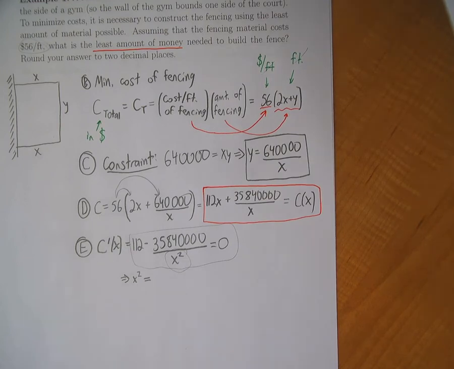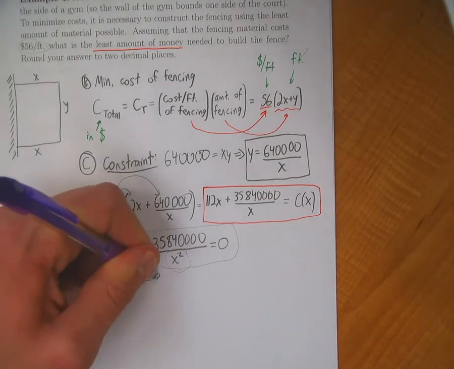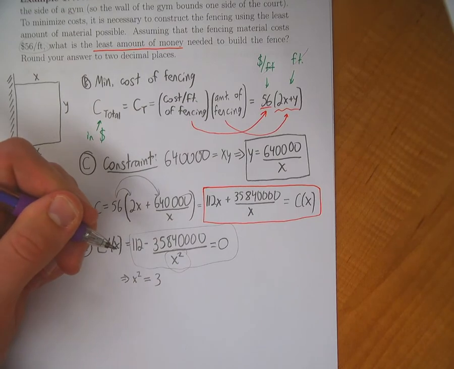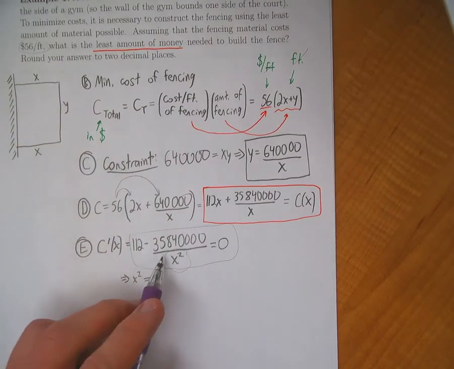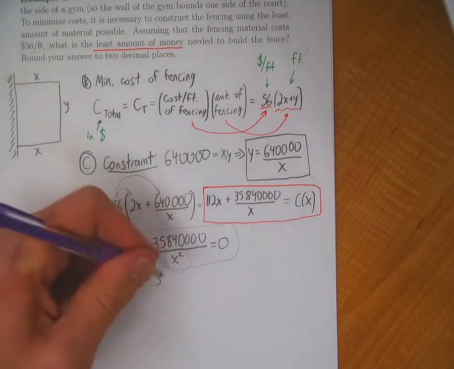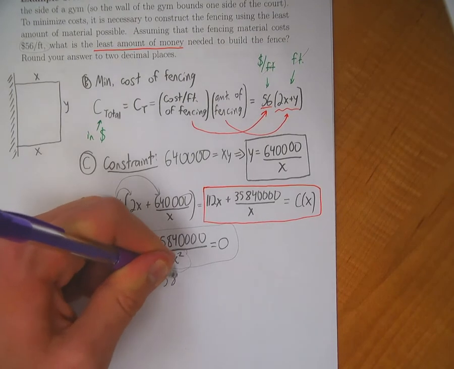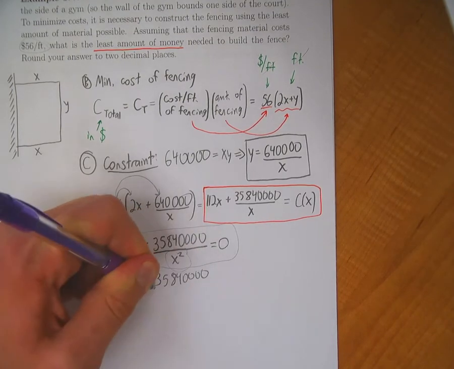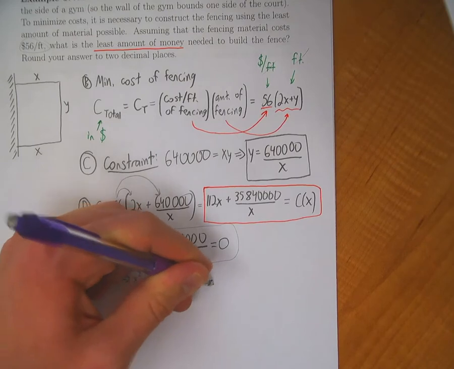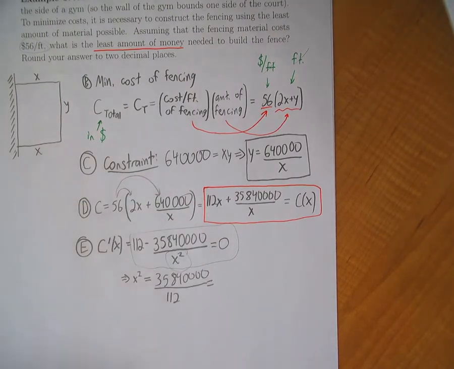Go ahead. X squared equals 320,000. Yeah, because what happens is that if you solve for x squared, you have 35,840,000 over 112, which, when you plug into a calculator, yields you 320,000. Right.